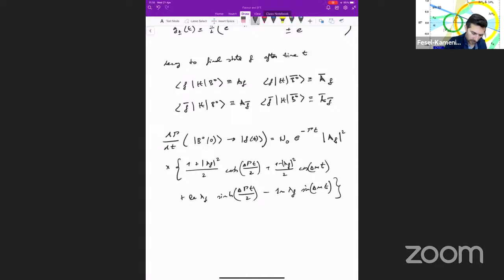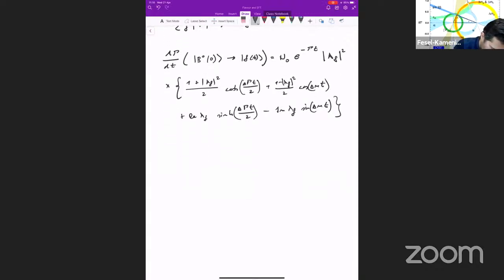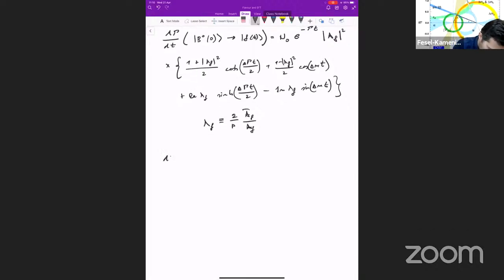And similarly, one can write the time-dependent decay rate. But before continuing, let me define the parameter lambda_f, which I've introduced, which is just the following combination: q over p times A bar f over A_f. And similarly, one can also write out the time-dependent decay rate of a B naught bar initial state B meson to f of t.